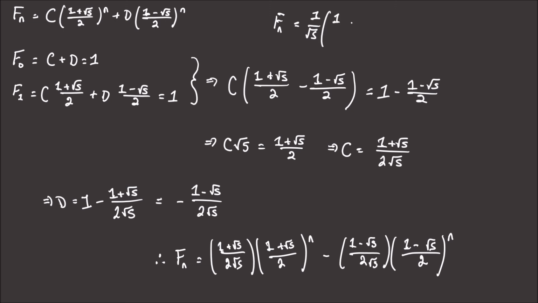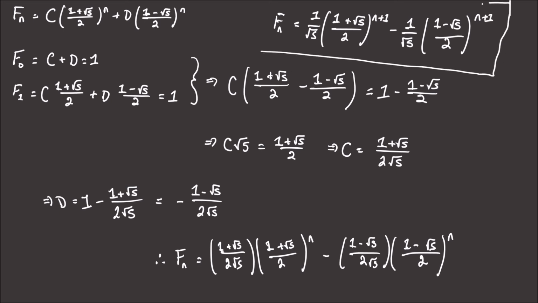So we have (1 plus root 5 over 2) to the n plus 1. And then we do the same thing for the second term. So we'd have 1 over root 5 times (1 minus root 5 over 2) to the n plus 1. So this up here gives us our nth Fibonacci number.